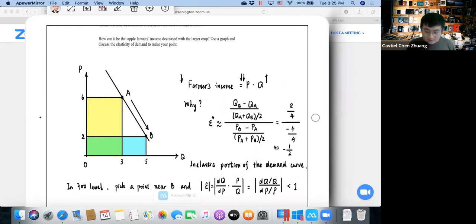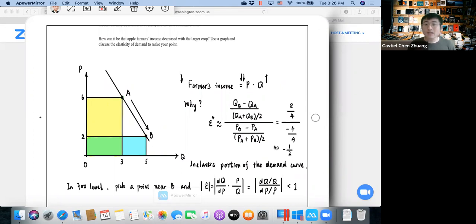It's going to be the derivative of Q with respect to P times P over Q. And then we can rearrange this formula to express that percentage change in Q divided by percentage change in P. And then if the percentage change in Q is lower than the percentage change in P in absolute value, then the elasticity is smaller than 1.